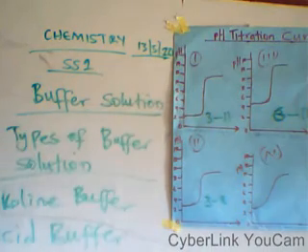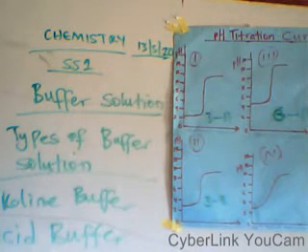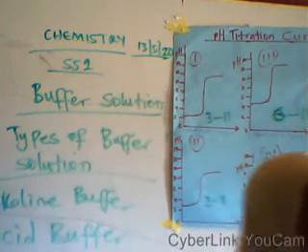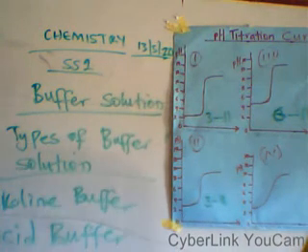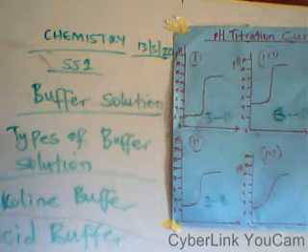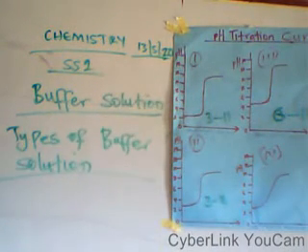Now, how do they resist pH change? We say buffer solutions are those solutions that resist pH change when small amounts of acid or base are added to them. That means there will be no change in their pH. Now, how do they resist that?